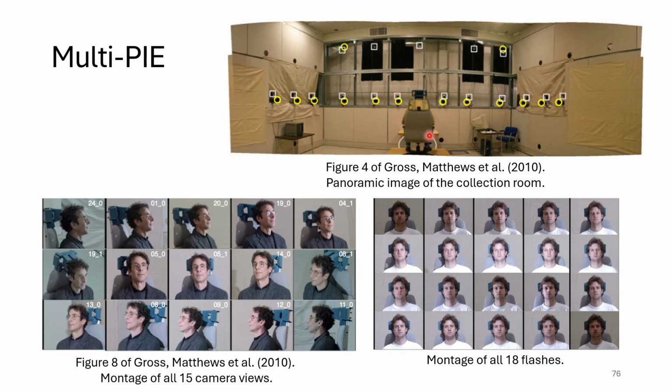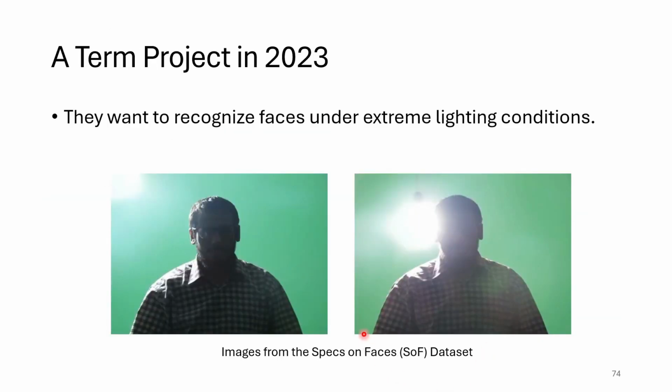So in the studio, as a subject sits on the chair, they control those cameras and the flashes. They will get results like this one. So they are different illumination conditions. So they want to use the dataset to develop an algorithm that can overcome extreme lighting conditions.